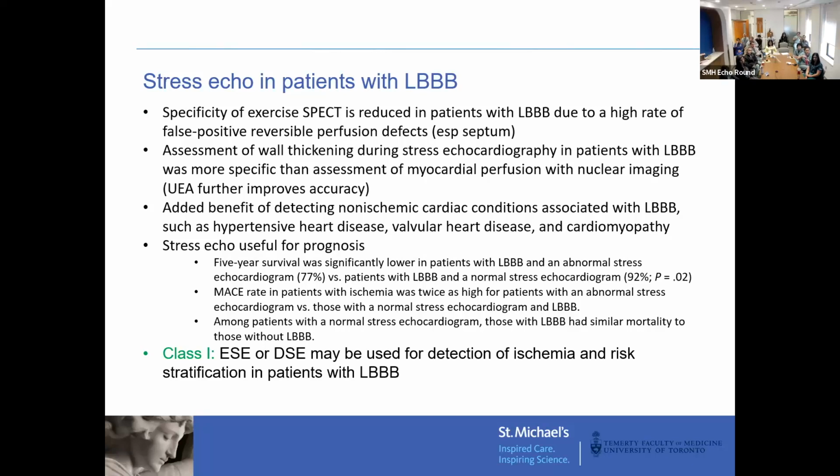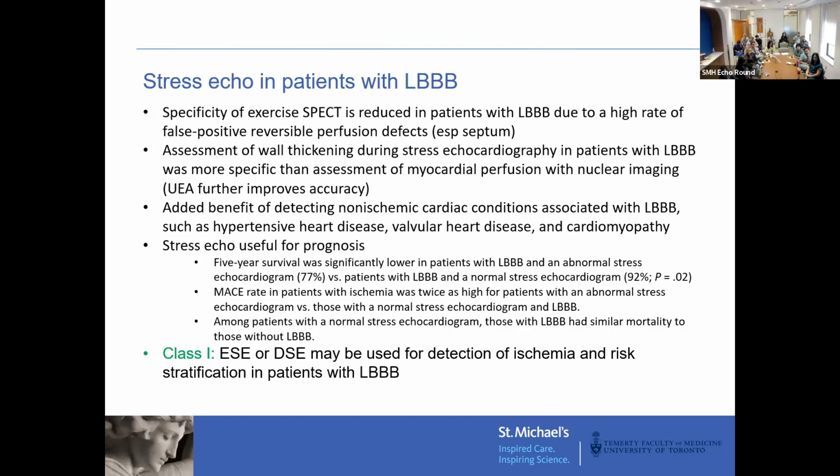Whereas with stress echo, we can look at wall thickening, overlook the desynchronous part of it, and still look for other signs of ischemia. Stress echo is particularly good at identifying ischemia in patients with an underlying left bundle. So if you have patients with an underlying left bundle coming through a clinic or hospital, maybe think about stress echo as the modality of choice.